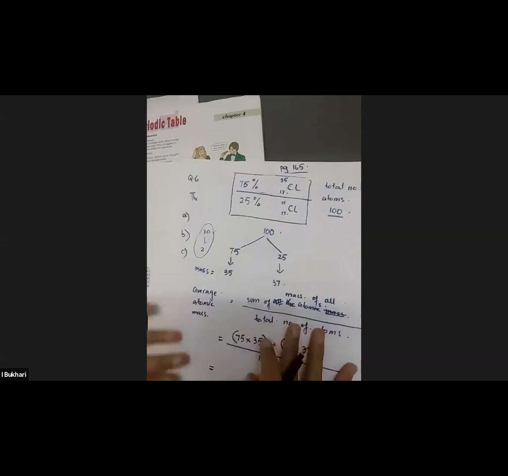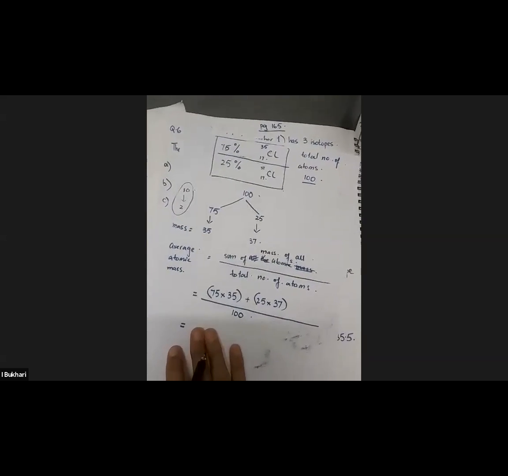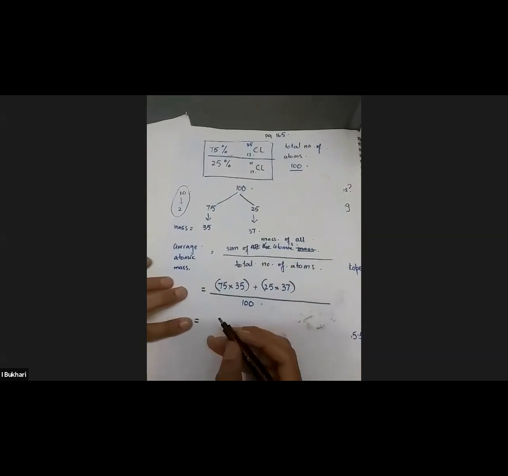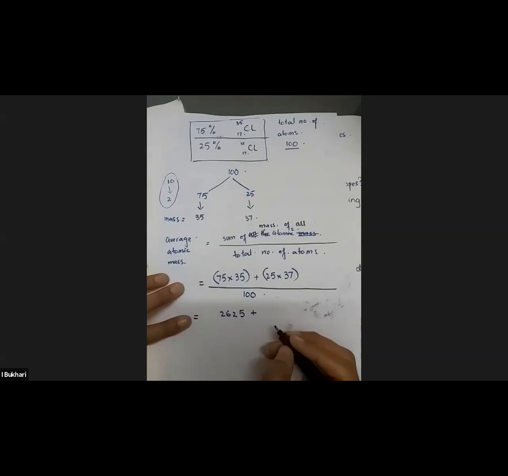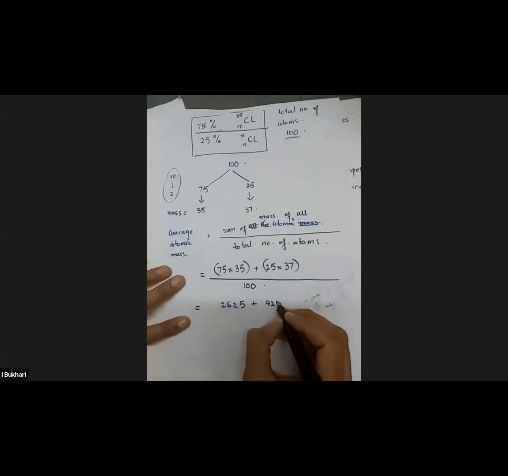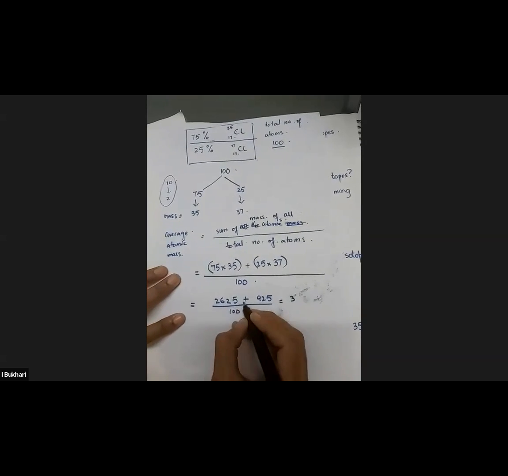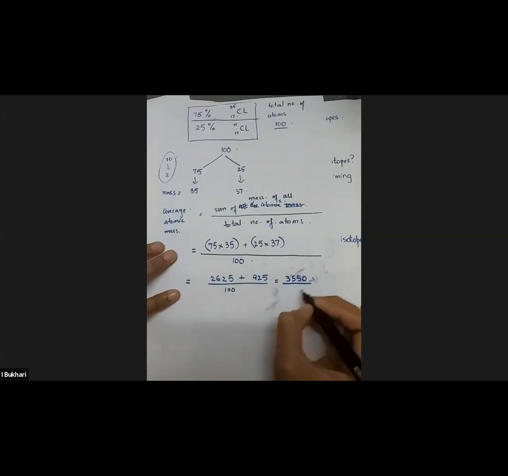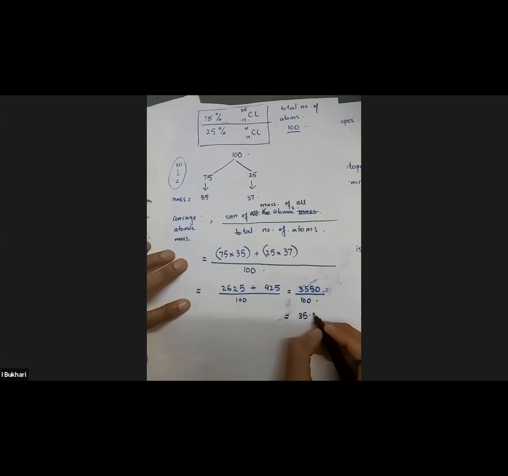Okay, so 75 multiplied by 35 is 2625. You can use the calculator if you want. And 25 multiplied by 37 is 925. The sum of 2625 plus 925 is 3550, divided by 100, and that gives me 35.5.